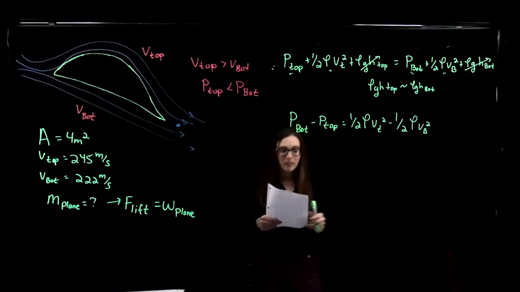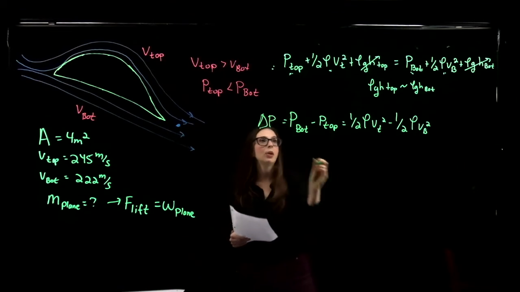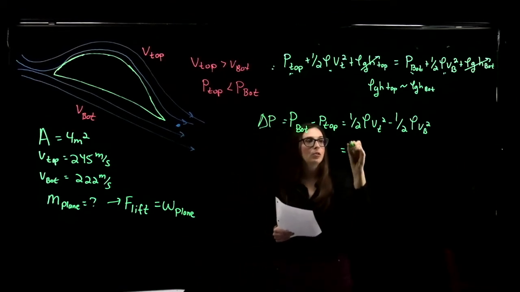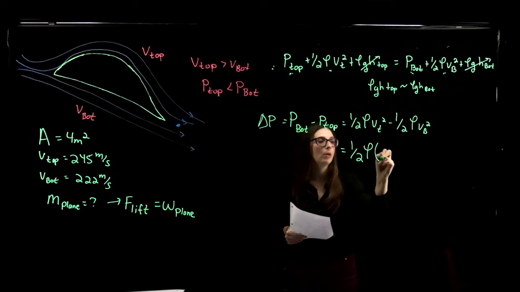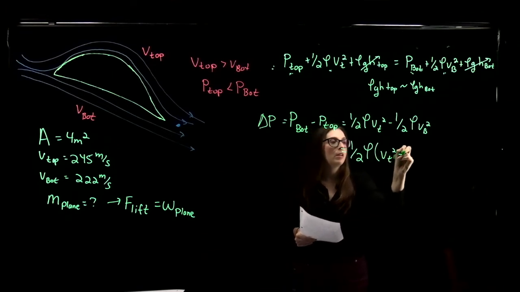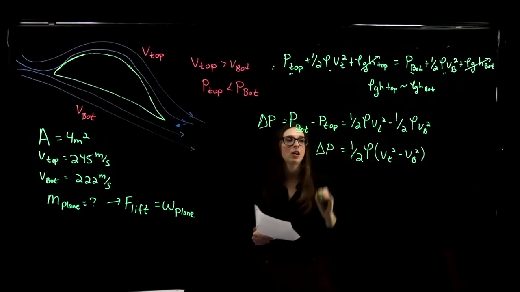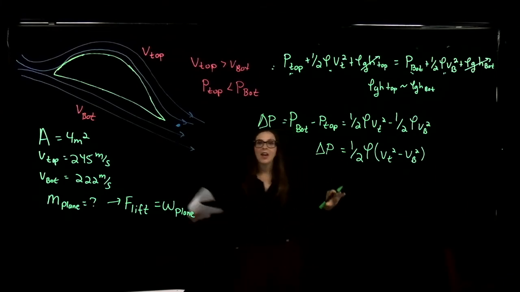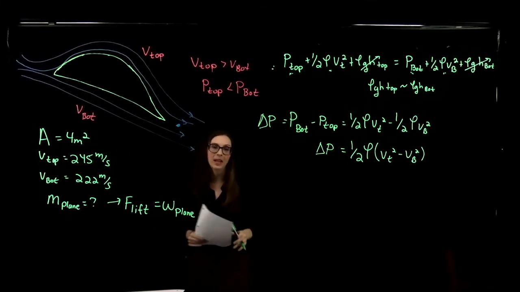Okay, and then I'm going to call this delta P, the change in pressure. And this is going to equal 1/2, and I'm going to factor out the density here because they're the same for both terms, V top squared minus V bottom squared. That's our difference in pressure across the wing.